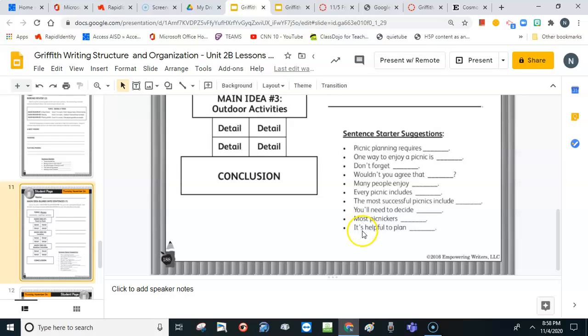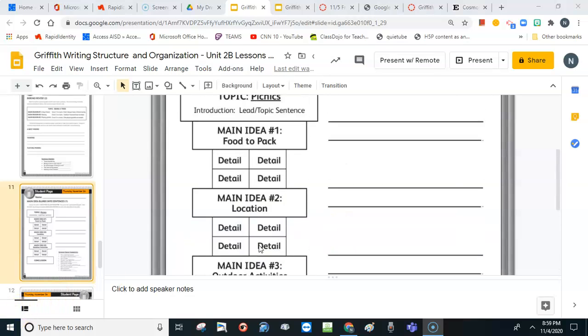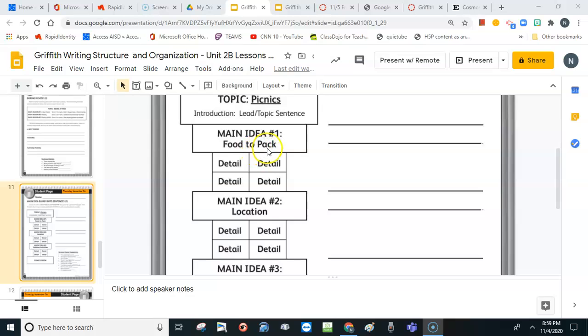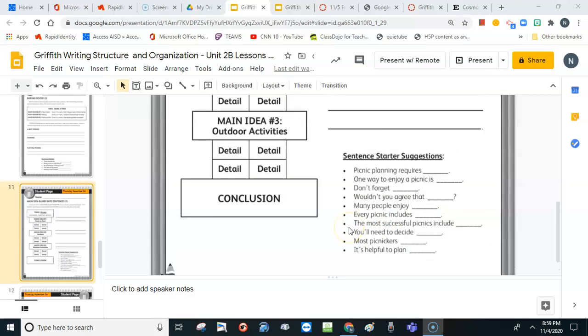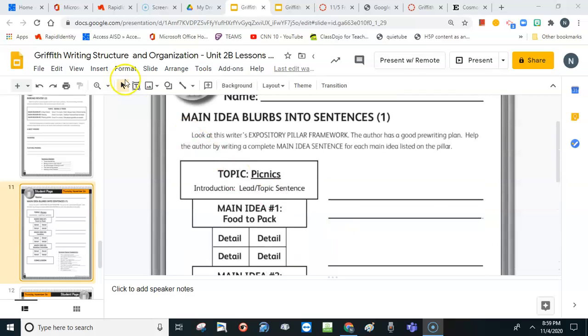So I'm going to show you my example. Because it's talking about food to pack, I think that's kind of planning. So I'm going to use this last sentence starter. It's helpful to plan. So then we are going to use the text tool.